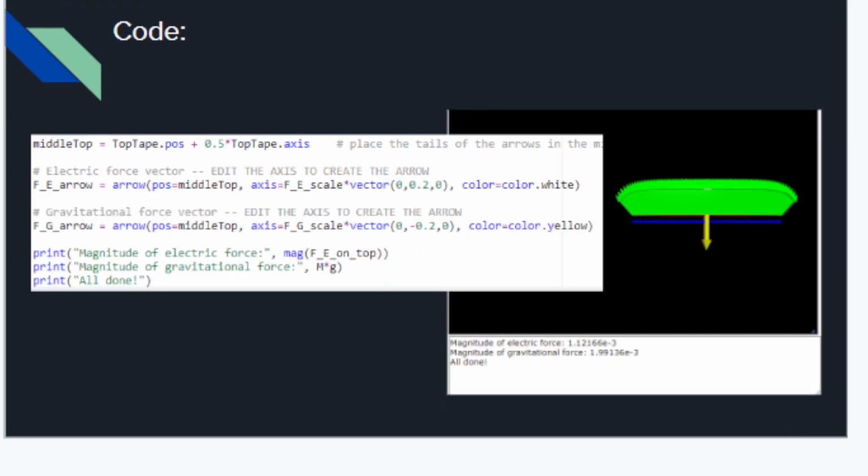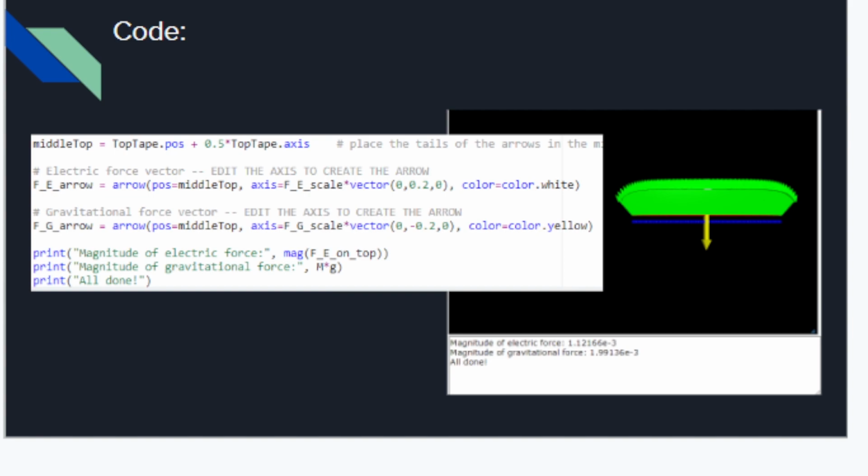This last section of my code is the visualization portion, and I essentially just graph the electric force vectors. You can't see the white one for some reason, but it's there. It's essentially the same in magnitude as the yellow arrow, but opposite in sign.